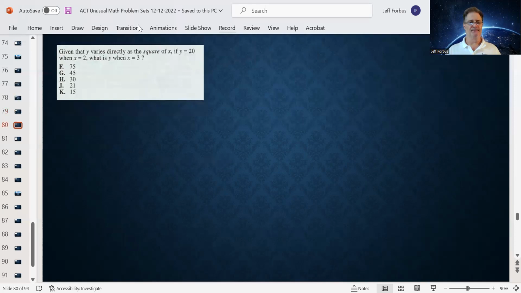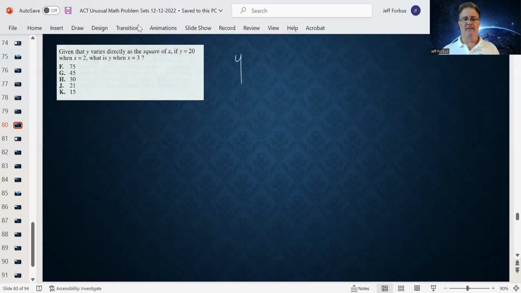Next question. Okay. So given that y varies directly as the square of x, if y is equal to 20 when x is equal to 2, what is y when x is equal to 3? All right.